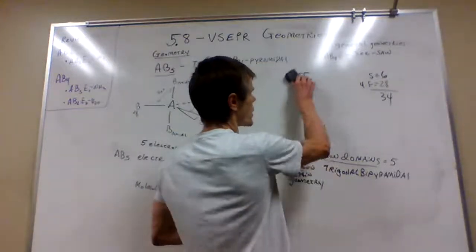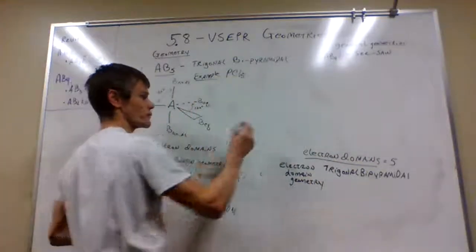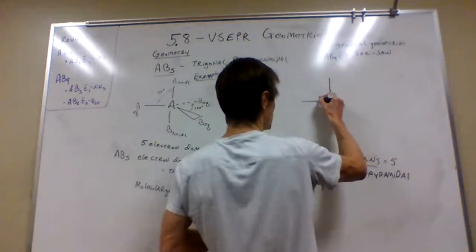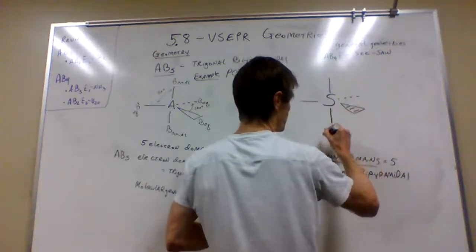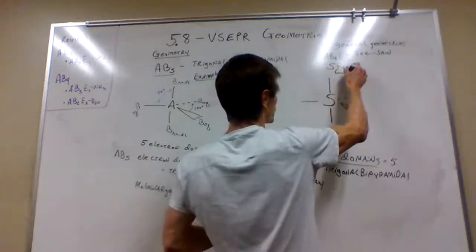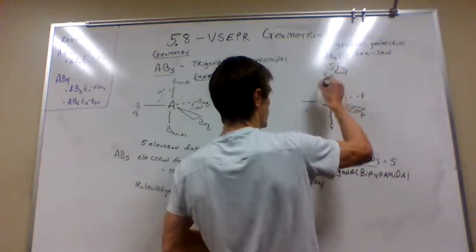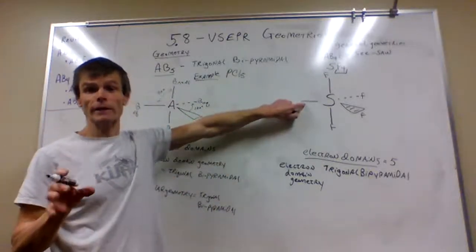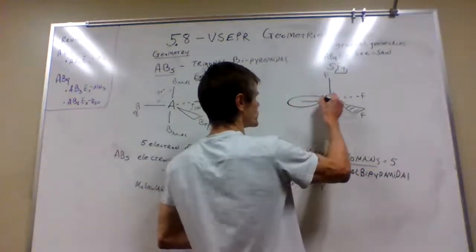So let's draw SF4 like we did for this situation. We have the central sulfur atom. We have 5 regions of electron density. For SF4, 4 of them are going to be fluorine, 1, 2, 3, 4. Out here, we're going to put our lone pair in the energetically favorable equatorial position.